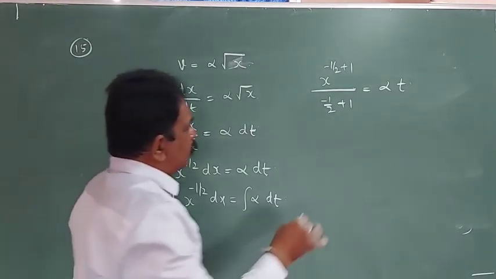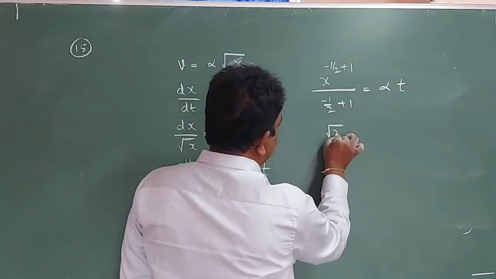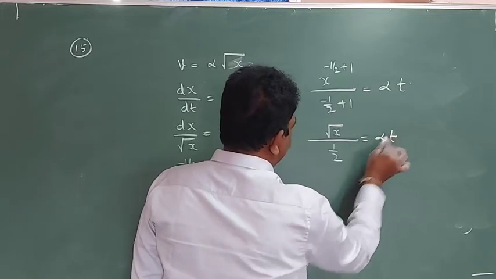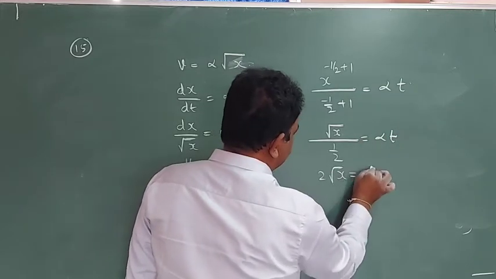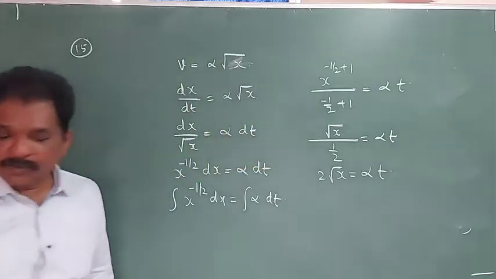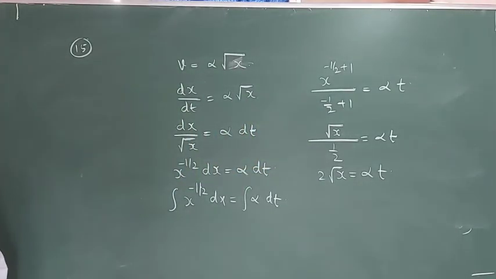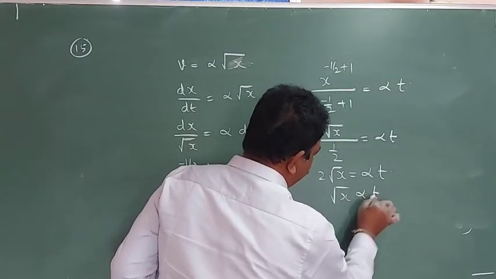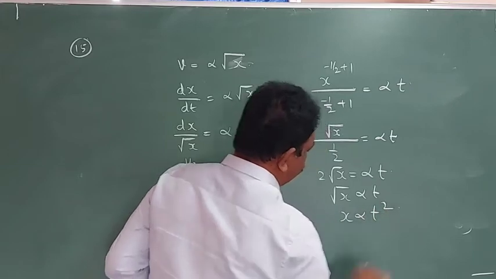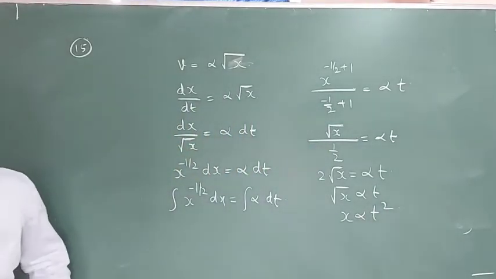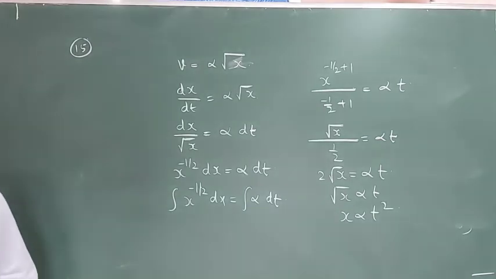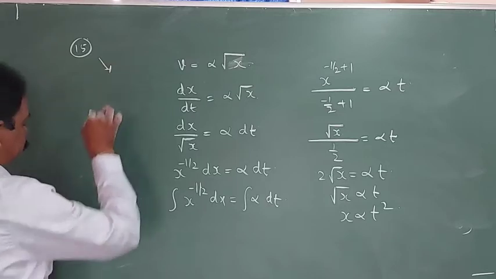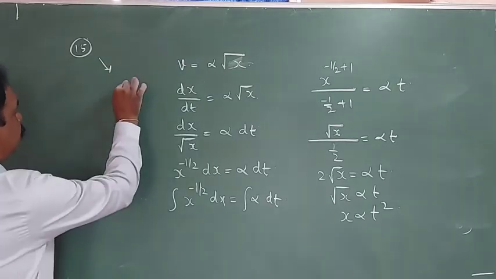So root x by 1 by 2 is equal to alpha t. 2 root x is equal to alpha t. Then root x is proportional to t, x is proportional to t square. So 15th it will be third option.